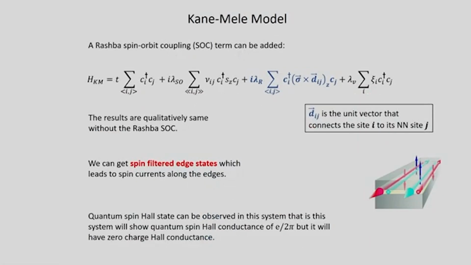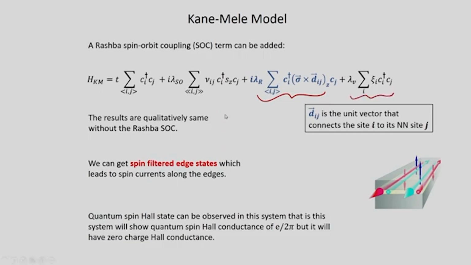Okay. Now there is another term that's added which is called the Rashba spin orbit coupling. We'll do a little discussion on that in just a while, and the term is written as i lambda R, and there is a Ci dagger, and these sigma cross dij. Dij is actually a unit vector that connects site i to a nearest neighbor site j, and of course the rest of the things are all the same.